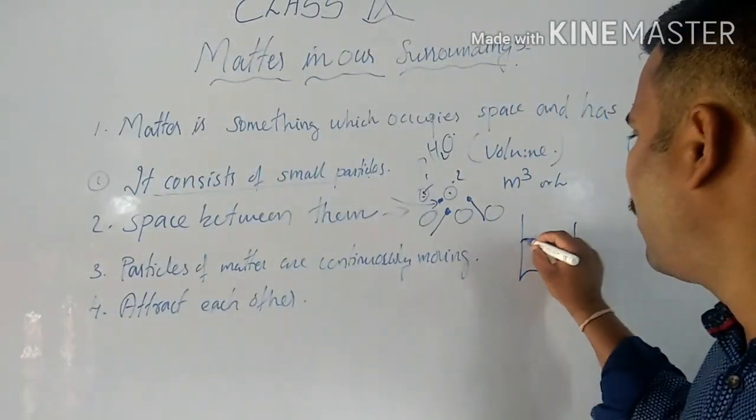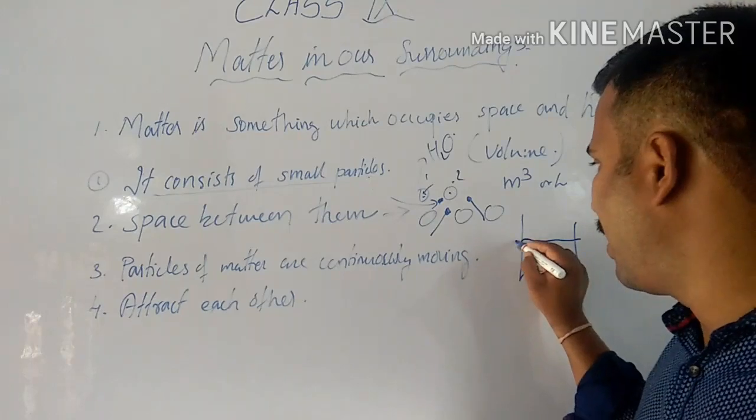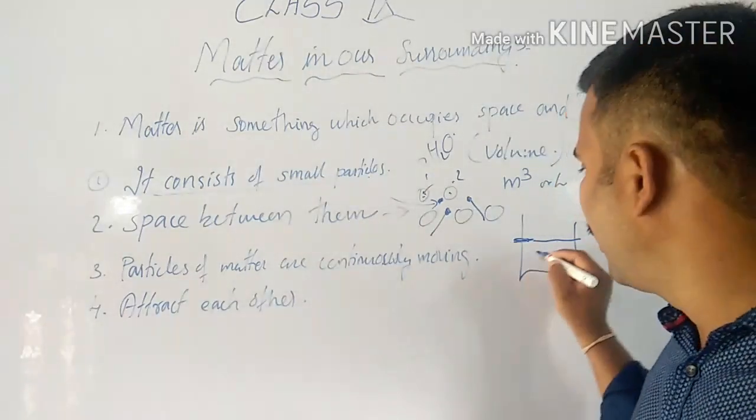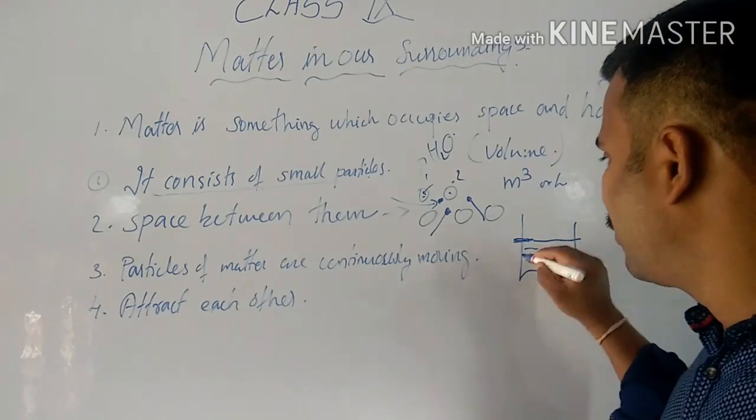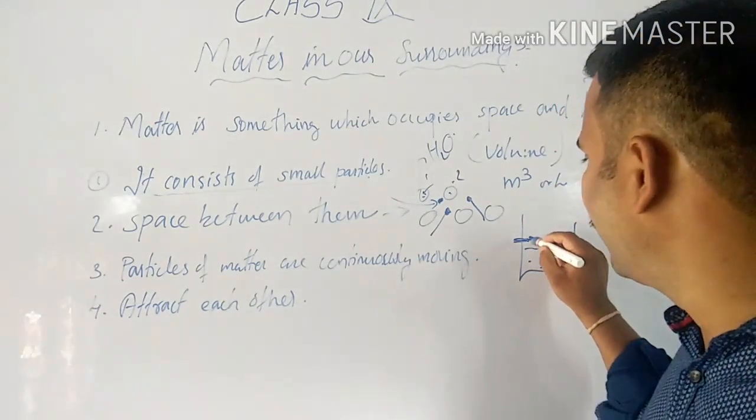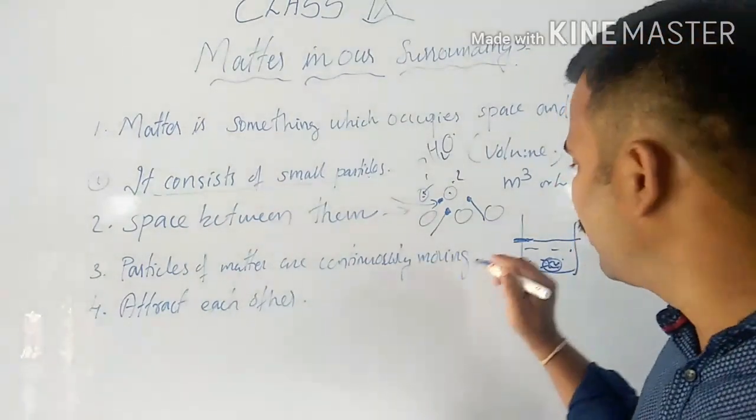If you take a small amount of water in a beaker and mark the level of water, and add some amount of sugar, after dissolving, the water level will remain the same.